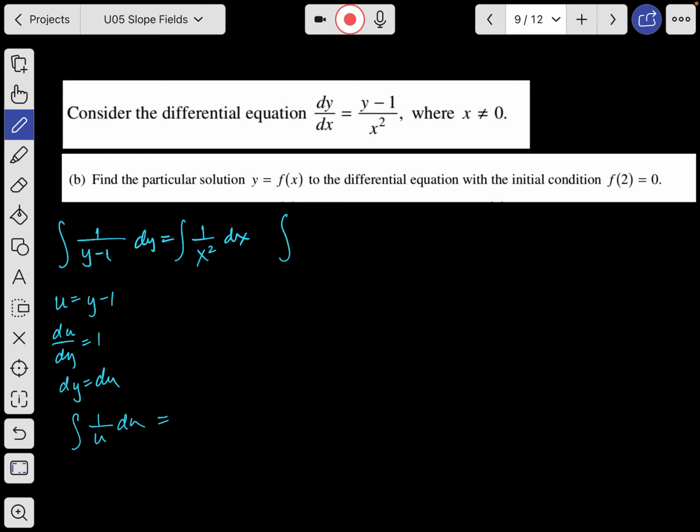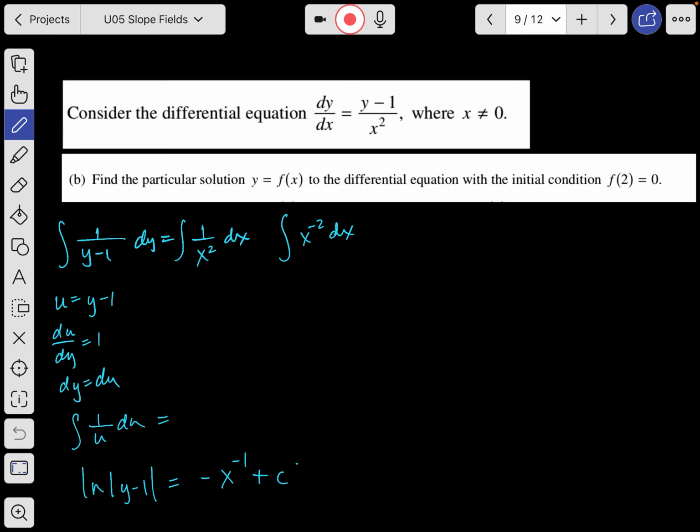So this side will be x to the -2 dx. When I integrate, add 1, this is going to give me the natural log of the u value is equal to -x to the -1 plus c.